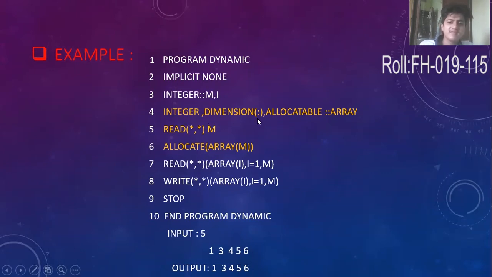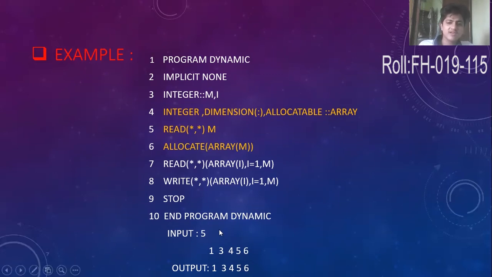Here we can see the size of the one-dimensional array is not fixed. It's allocatable at runtime. The user can allocate by inputting the value of m during runtime. So the user has flexibility. We can change the array size during runtime.